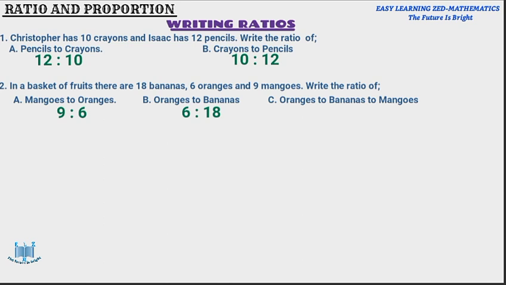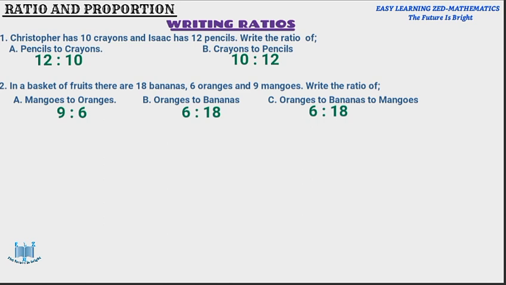Okay, let's go to question C, which is asking us to write the ratio of oranges to bananas to mangoes. So how many oranges are in the basket? We are told there are 6. Then two dots. How many bananas are in the basket? We are told there are 18.